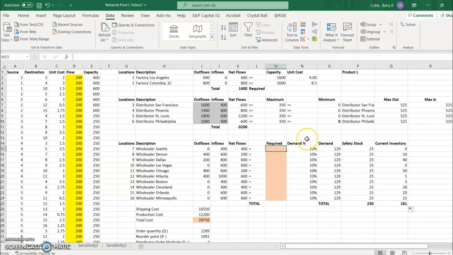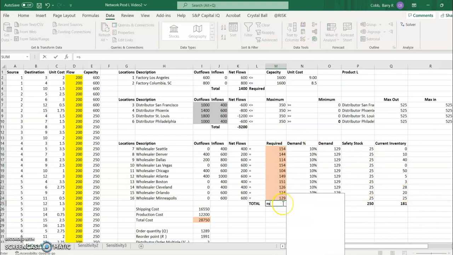That means that the required net flows at each wholesaler will be the demand plus the safety stock, but then we'll subtract the current inventory. Okay, so we'll sum these up, and this will be the total required demand at all wholesalers.